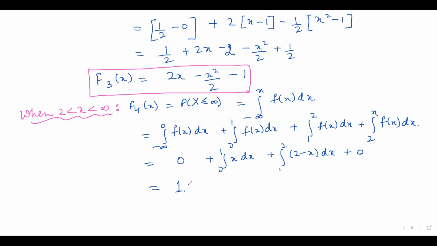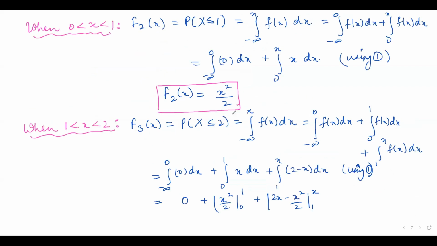So thus the CDF that we are getting here, the Fx, would be 0 for x less than 0. In the next, we are getting it as x square upon 2 from 0 to 1. As we have calculated here, x square upon 2 is f2x.